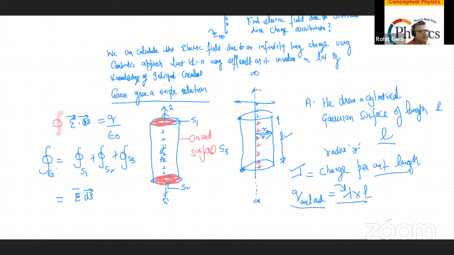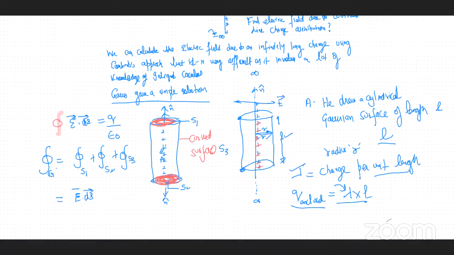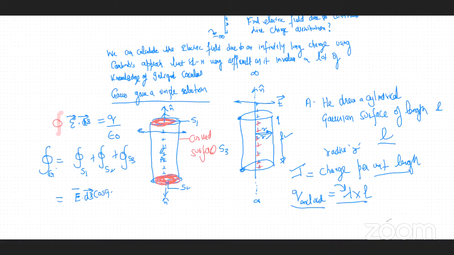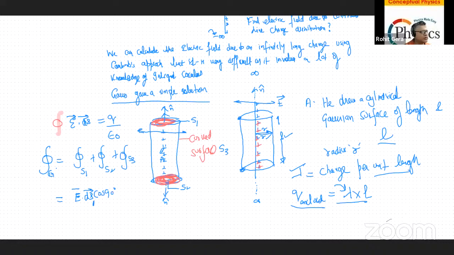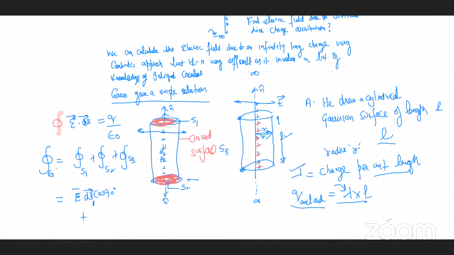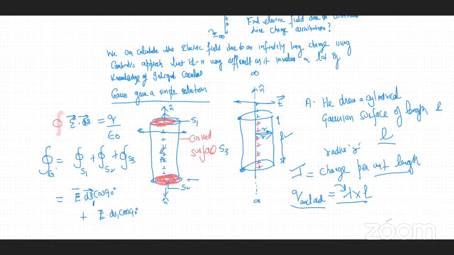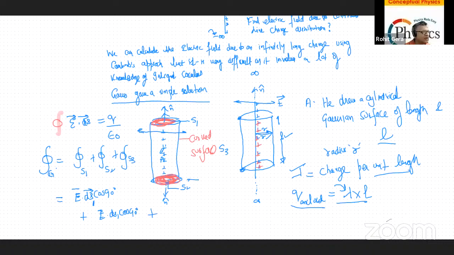What is the angle between the electric field and normal now? 90. So cos of 90. That's my first surface taken care of. Let me go to the second surface. Both S1 and S2 are 0. Third surface, the curved surface. Now the electric field is going like this everywhere.